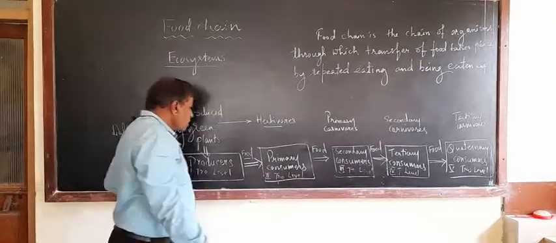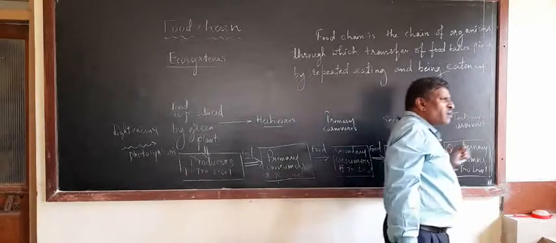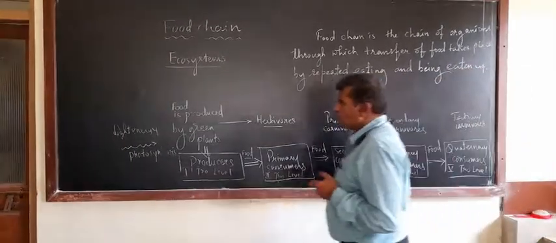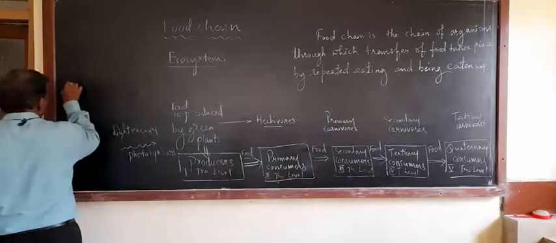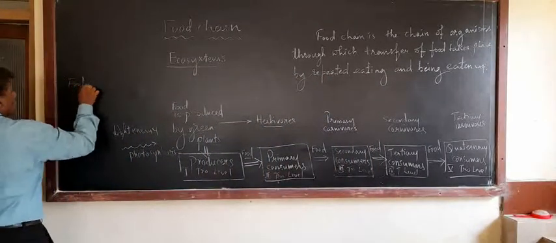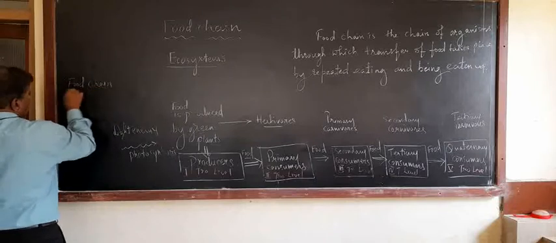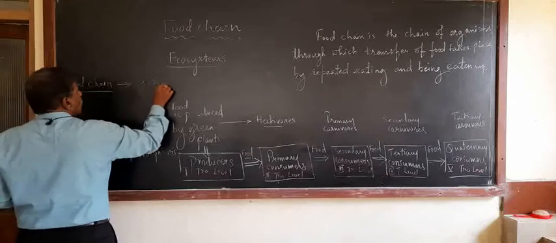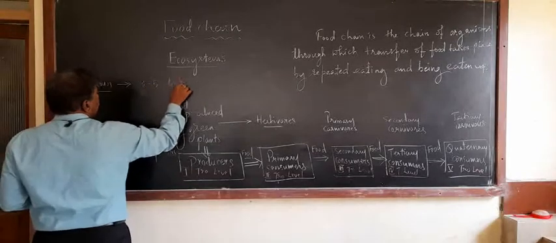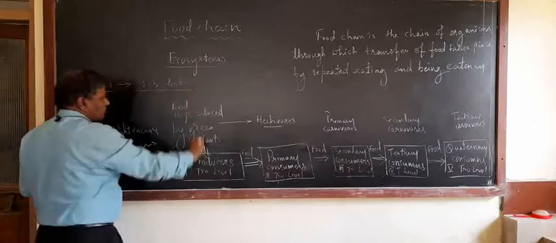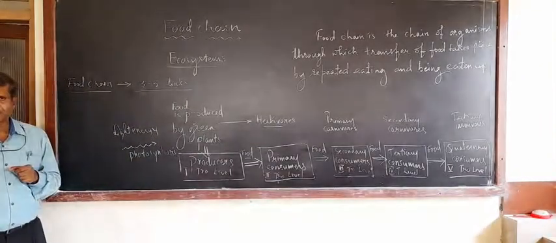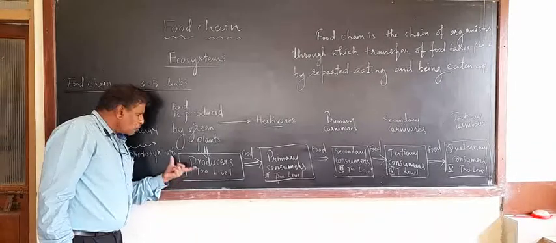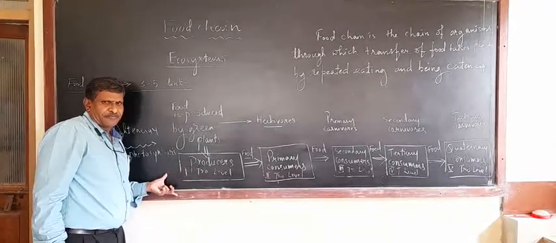And always remember one thing, that in naturally existing ecosystems, a food chain has three to five links. So for example here, the food chain starts with the producers.